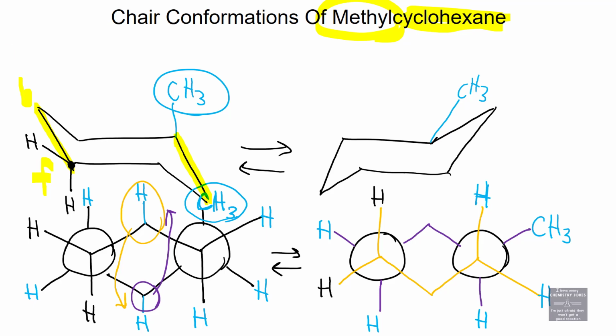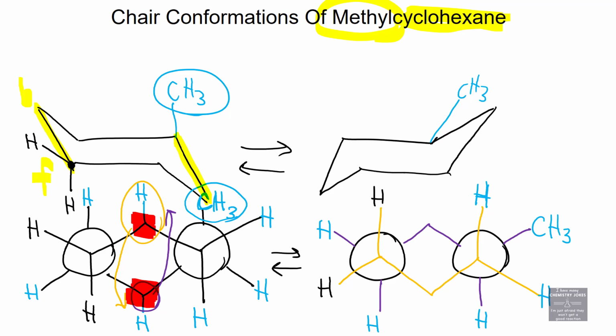The reason one chair is more stable than the other is due to what we talked about in the Newman video, gauche interactions. What? Where the heck are these gauches? So this carbon is gauche to that carbon. Remember, gauche means big things next to big things. These two carbons are gauche.